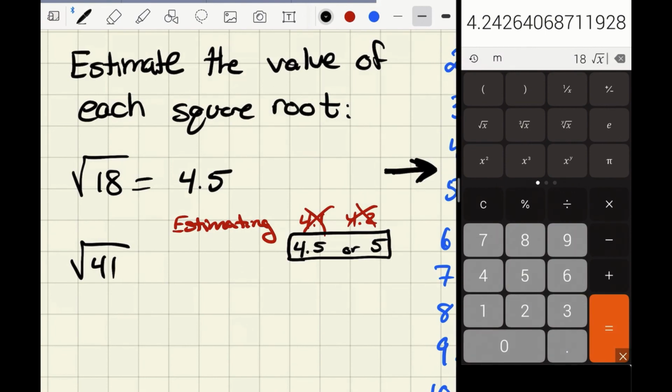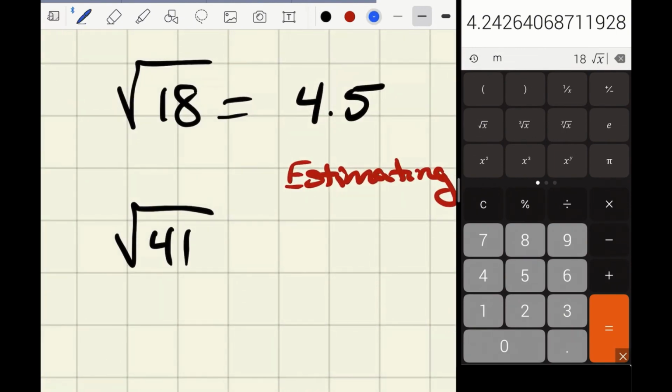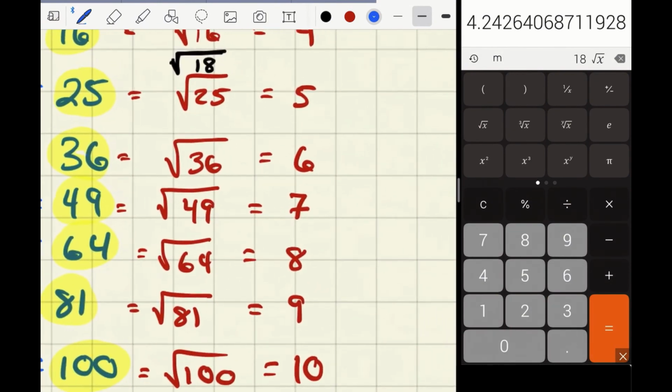Okay, so the next question is, where would the square root of 41 fall? So we come over here to our handy-dandy list and we say, okay, the square root of 25, the square root of 36, not there, square root of 49. Well, 49 is bigger than 41, and 36 is less than 41, so if I grab my highlighter here, 36 is less than 41, 49 is larger than 41, so our square root of 41 must fall somewhere in here.